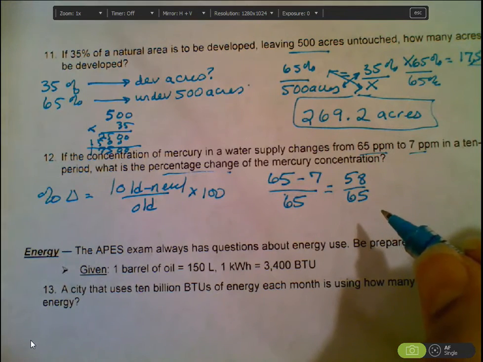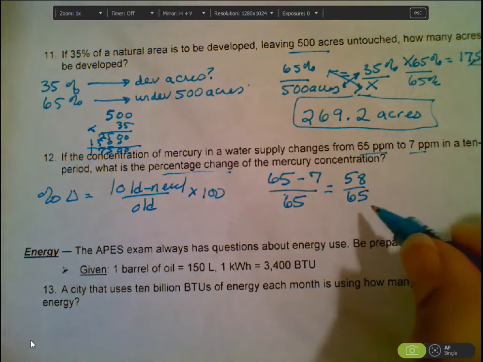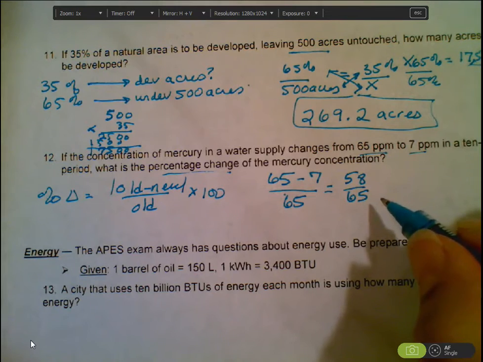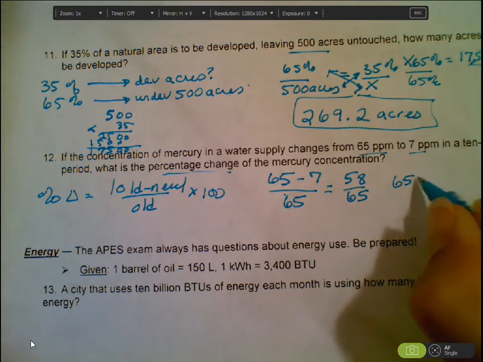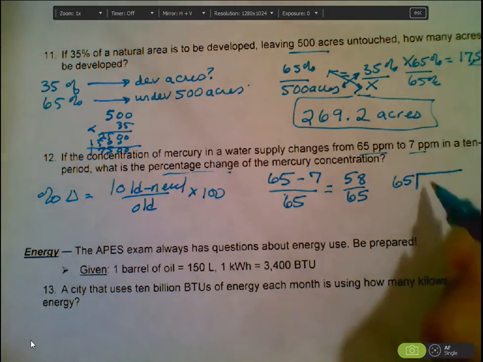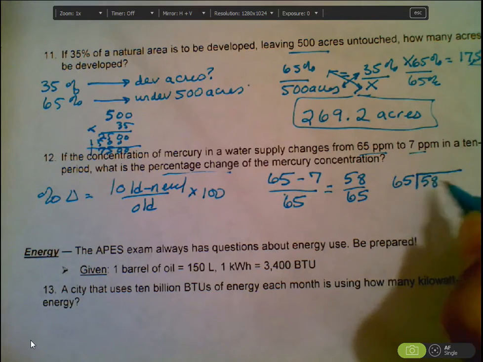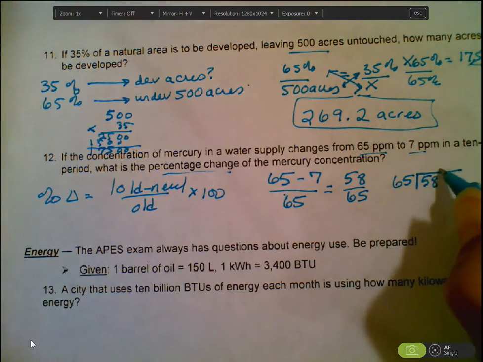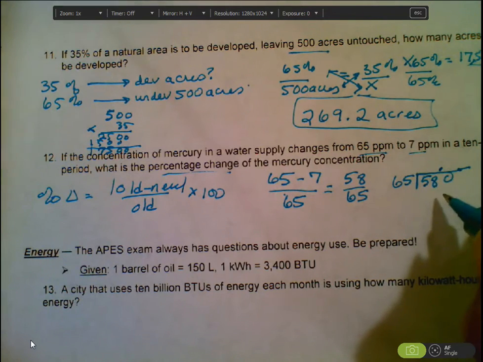First, we are going to do this lovely problem where we have to divide 65 into 58. Now 65 won't go in. I'm going to add a decimal and add a 0. 65 into 580. Let's see, it's almost, let's say 8 times. 8 times 5, that's 40.